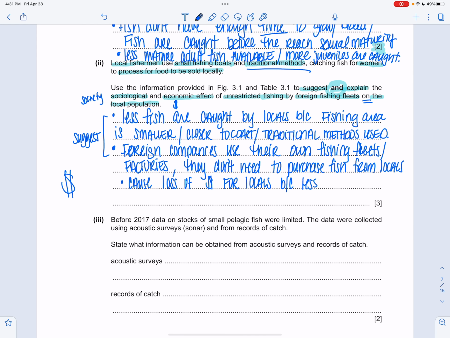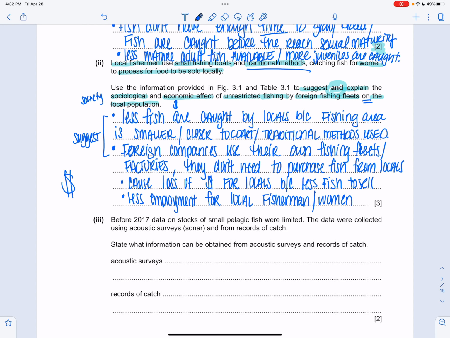Because there's less fish to sell. Less employment for local fishermen or women, because there's less fish.